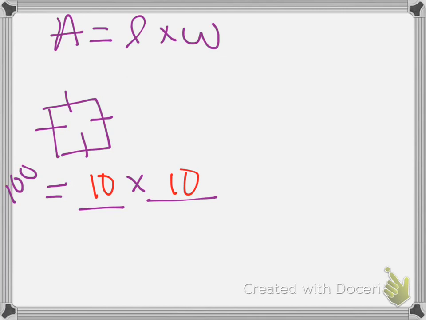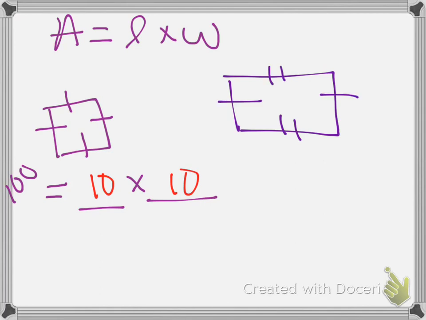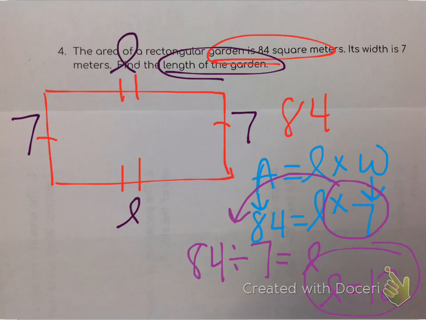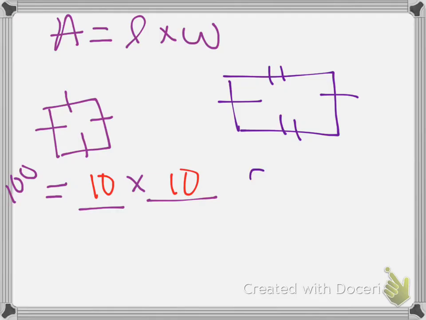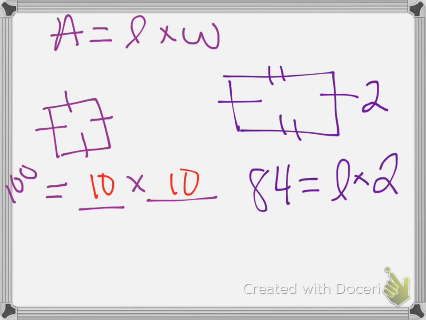Then in a rectangle, you draw it. You use what you know. Parallel sides are equal, and you can use your formula. So if your area was 84 and we don't know the length, and the width is 2, we would plug in the 2 for the width.